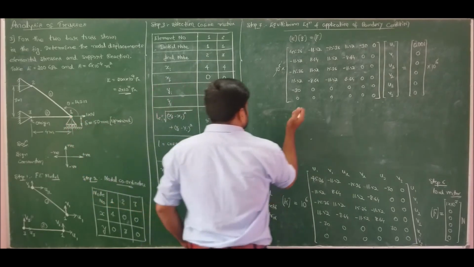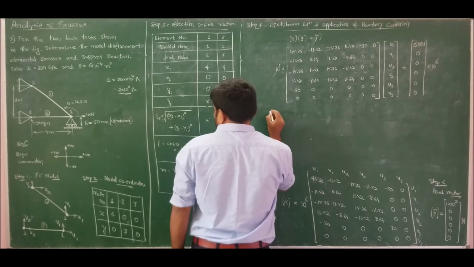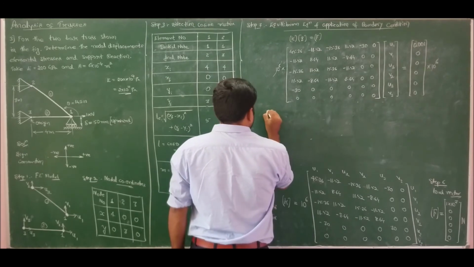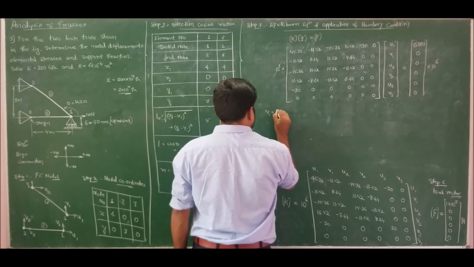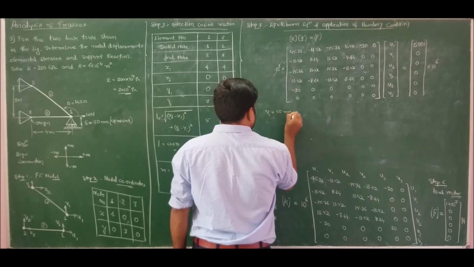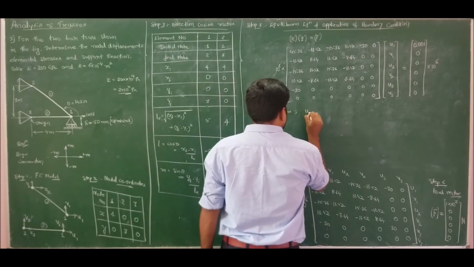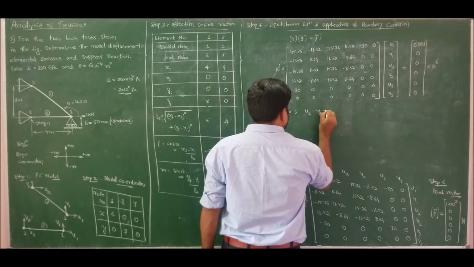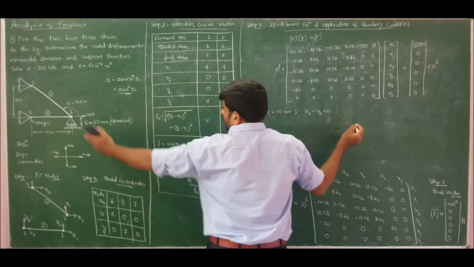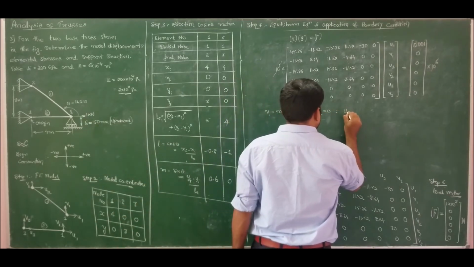So therefore, he has specified the value of V1. So V1 is given for us, which is 50 mm, and at node 2 it is completely fixed. So therefore, U2 and V2 are 0. At node 3 it is completely fixed. So therefore, U3 and V3 are 0.